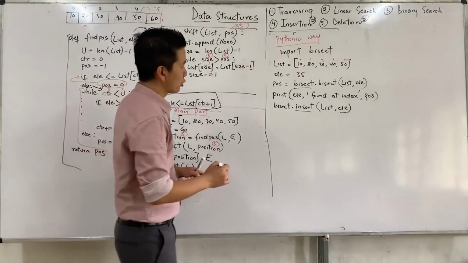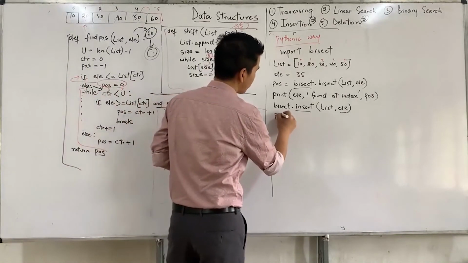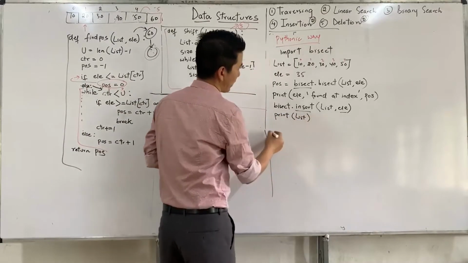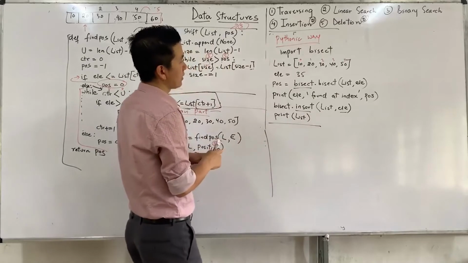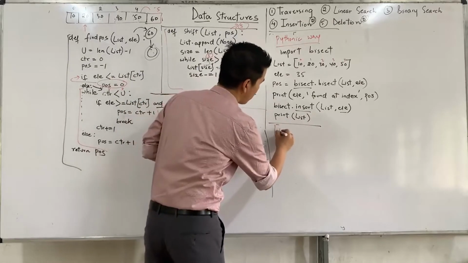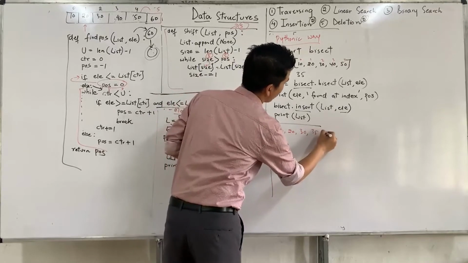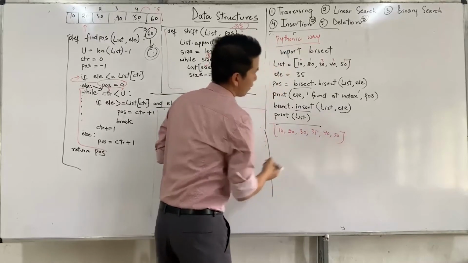All right. And then finally, when you print the status of the list, the output will be 10, 20, 30, 35, 40, and then 50.